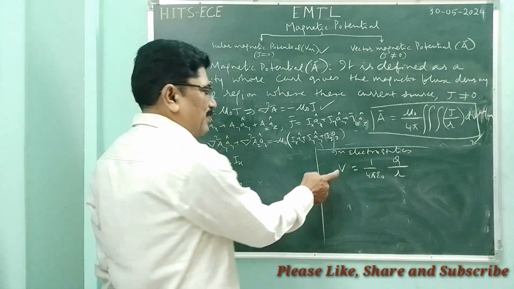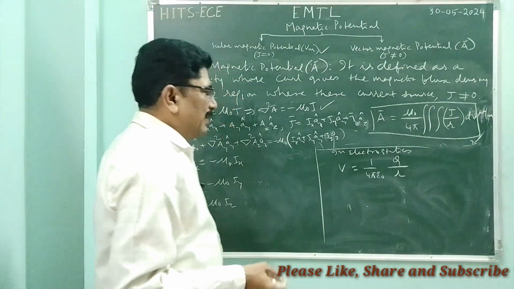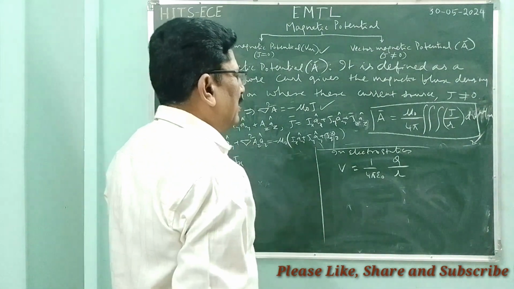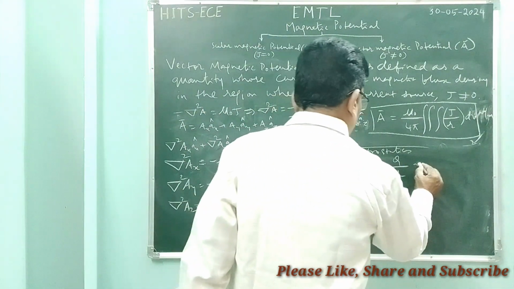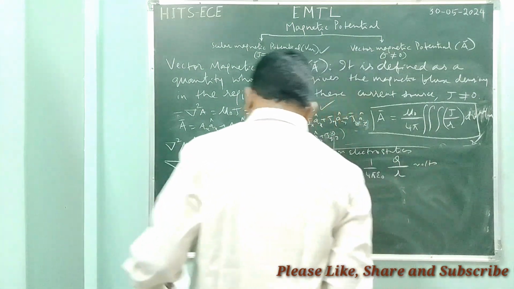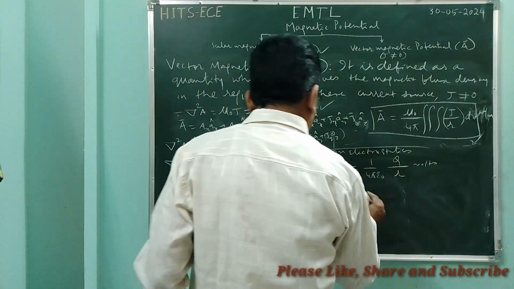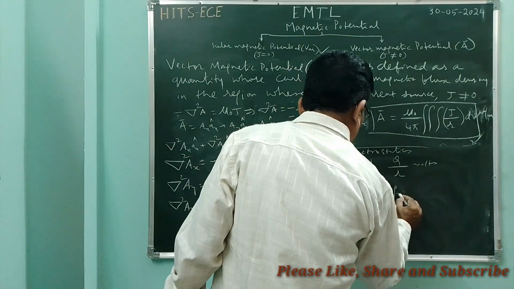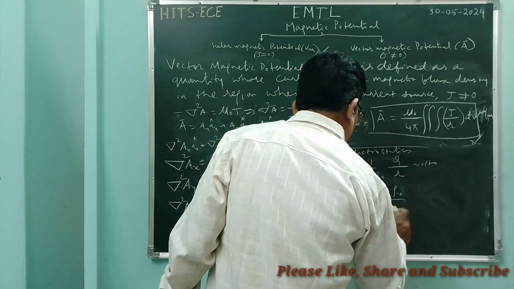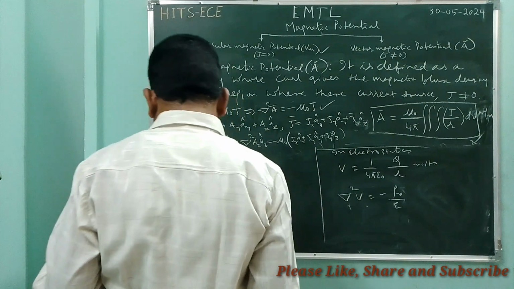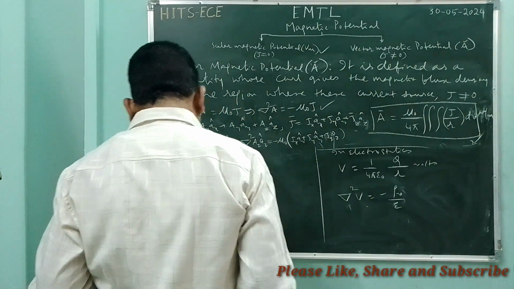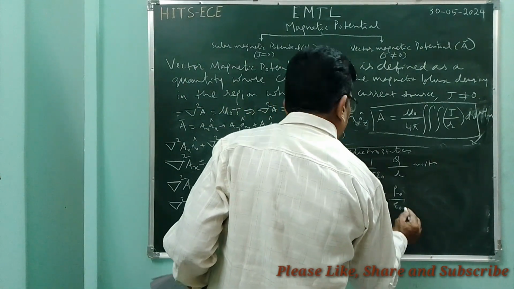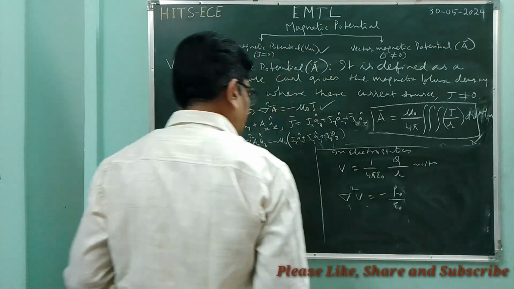That is the potential at that point, given by 1 by 4 pi epsilon into Q by R volts. I already derived that del square V is equal to minus rho V by epsilon naught.